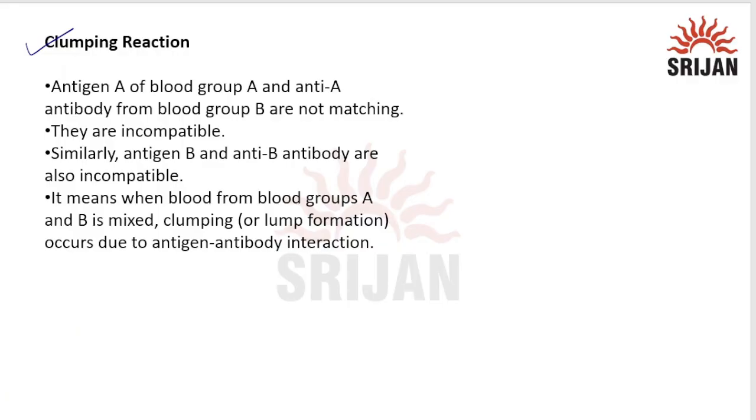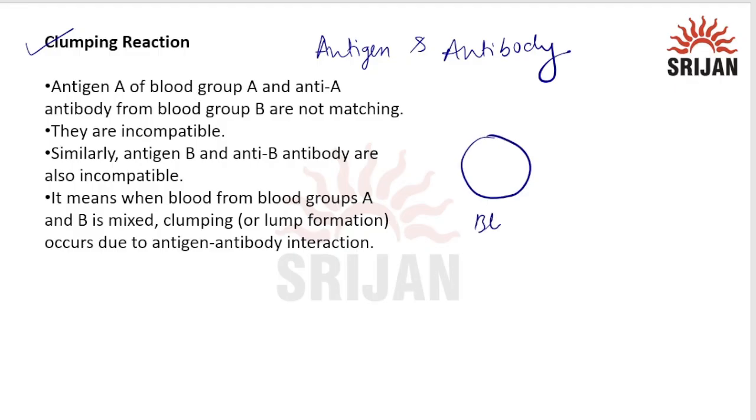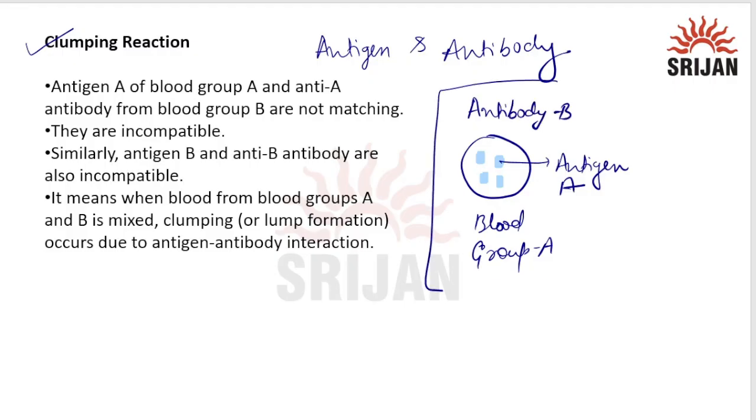Clumping reaction is a reaction that happens in the blood between antigen and antibody. Suppose this is blood group A. On the surface, it will have the antigen A, and the antibody B will be present in the plasma.